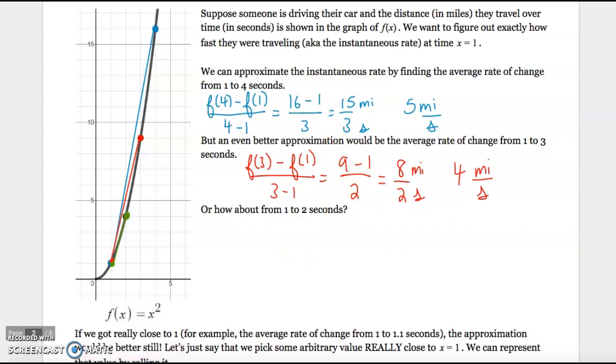So we're getting better and better estimations. f of 2 minus f of 1 all over 2 minus 1 gives me 4 minus 1 over 1, which gives me 3 miles for every 1 second, so 3 miles per second.